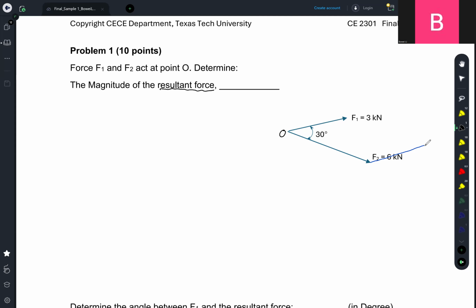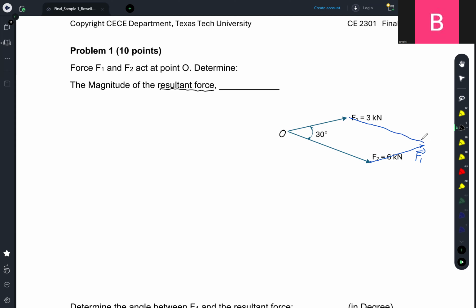Actually, it is completely the same as F1. It is equivalent to directly copying F1 and moving it so that its tail is at the head of F2. Similarly, you can also copy your F2 here.